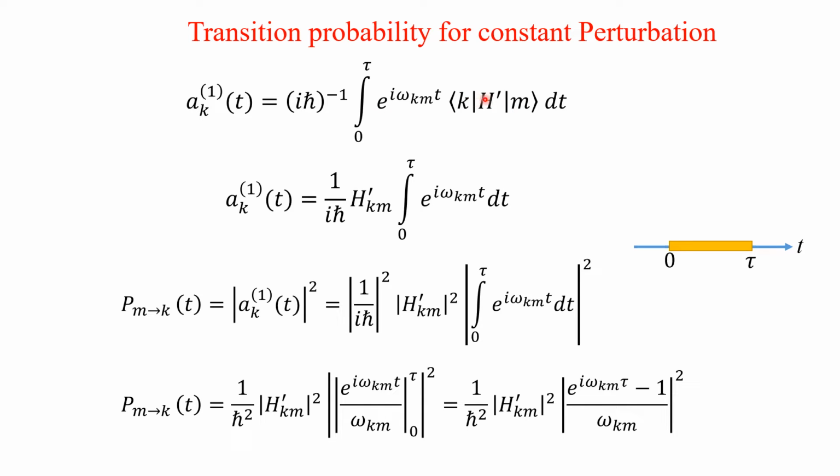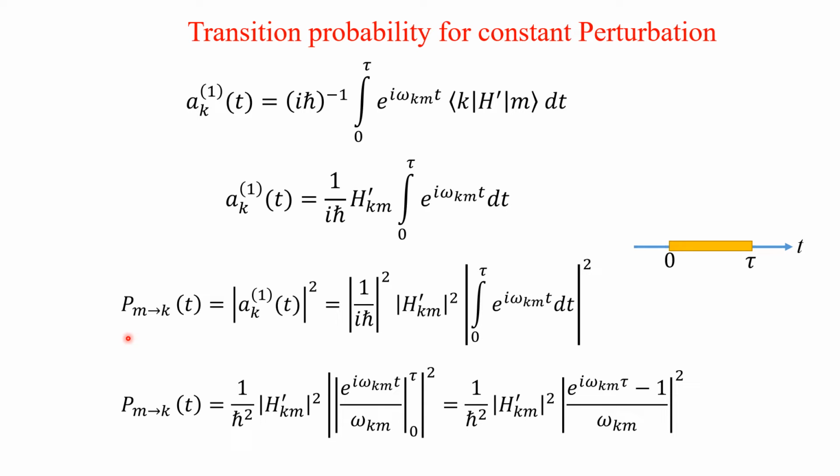So you can bring this out of the integral, and this can be written in a short form as H'_km, which is equal to ⟨k|H'|m⟩. So now our task is to find the integral value of this. This is the probability amplitude. If you square it, you will get the probability.